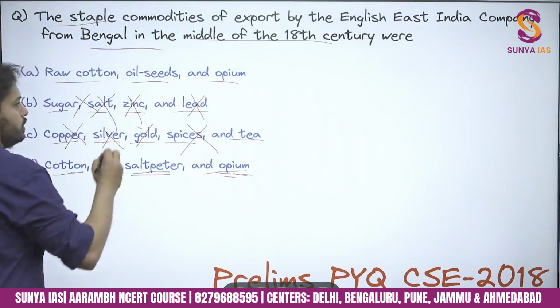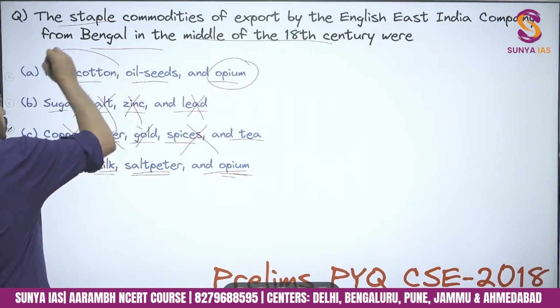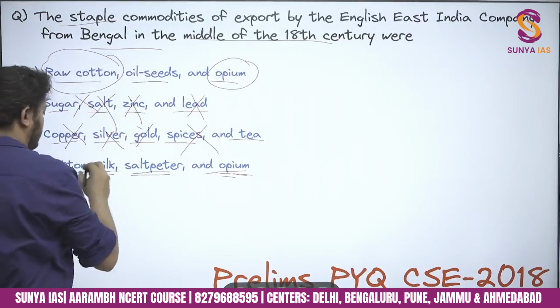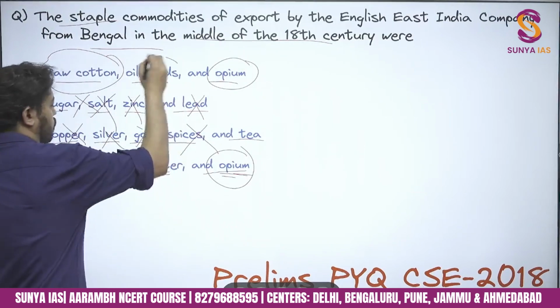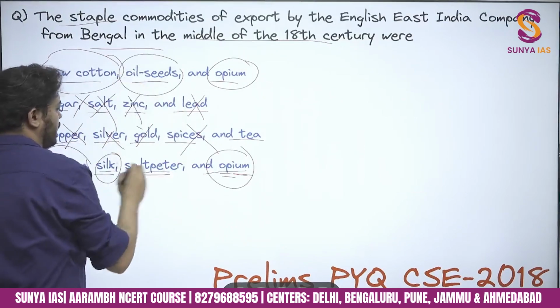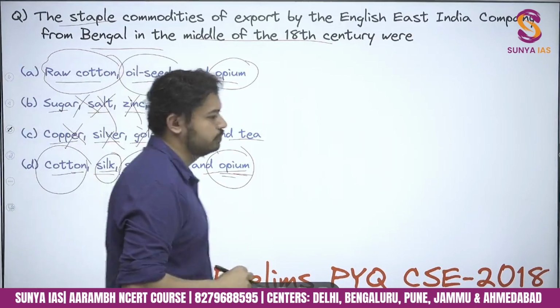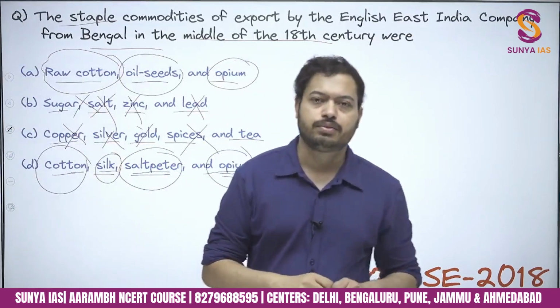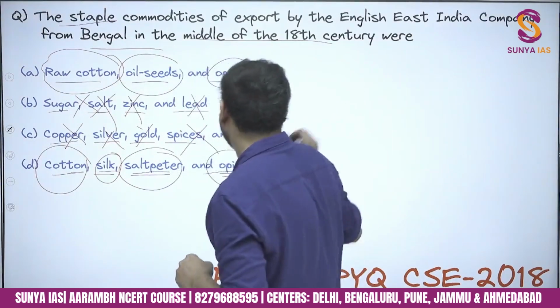Now, opium, yes, that is right. Raw cotton, that is also right. Cotton is also here, opium is also here. This is oil seed, and this is silk and saltpeter. Now, if you consider oil seeds, oil seeds is something which you get on the west coast of India.